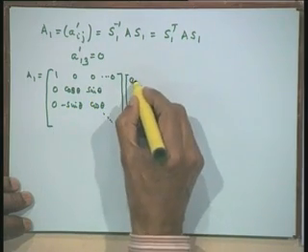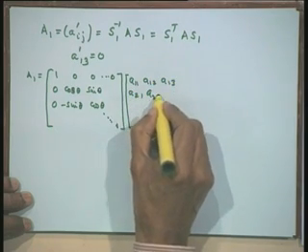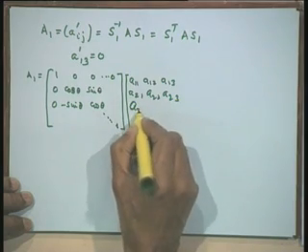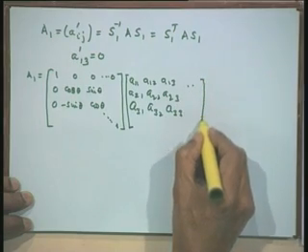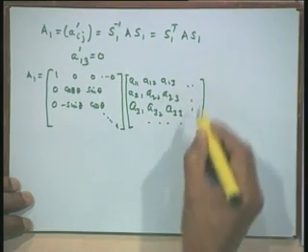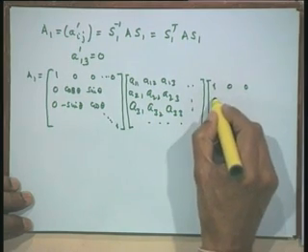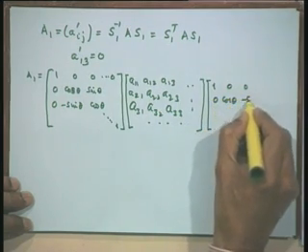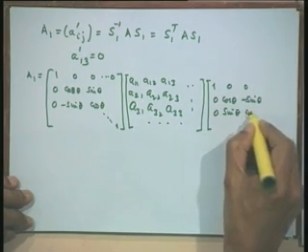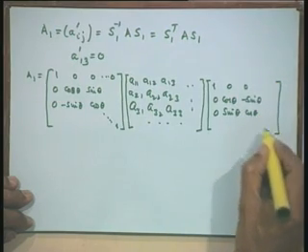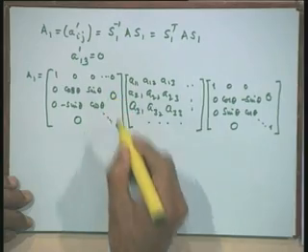Then I will write down our matrix A 1 1, A 1 2, A 1 3, A 2 1, A 2 2, A 2 3, A 3 1, A 3 2, A 3 3, and I do not need these elements. So, I will just retain the elements as they are. Then I have again 1 0 0, 0 cos theta minus sin theta, 0 sin theta cos theta. These are all zeros, here also we have all zeros.